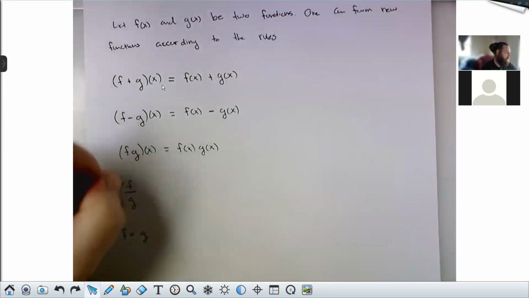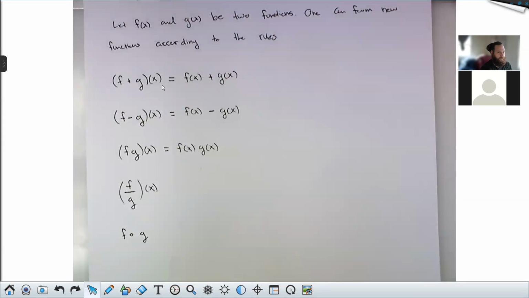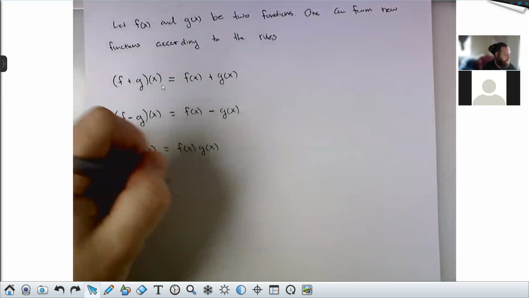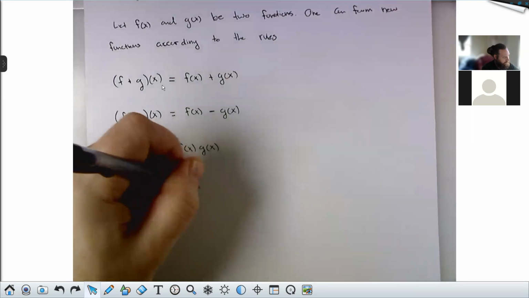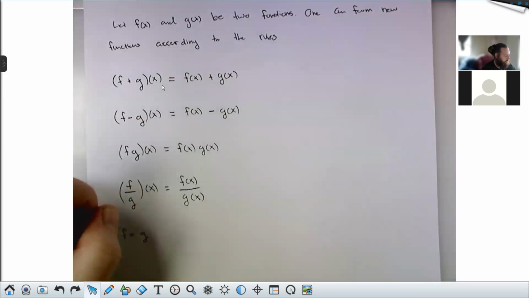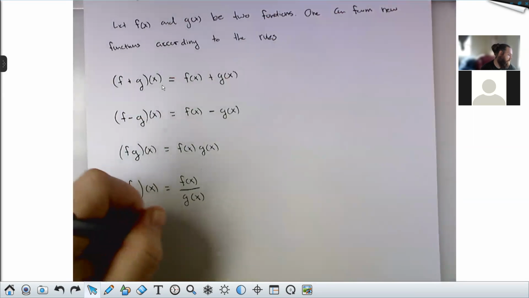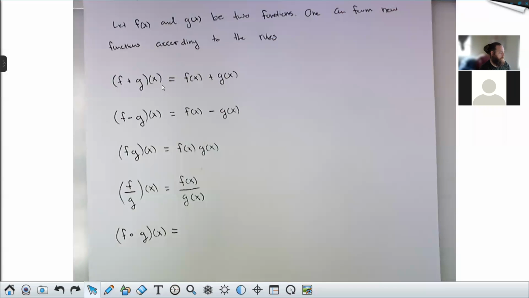F over g, this new function that we form as the ratio, is going to follow the rule f over g of x is f of x over g of x. And then the fun one down here at the bottom, the composite function, what we're doing here is we're saying I want to take f of g of x.